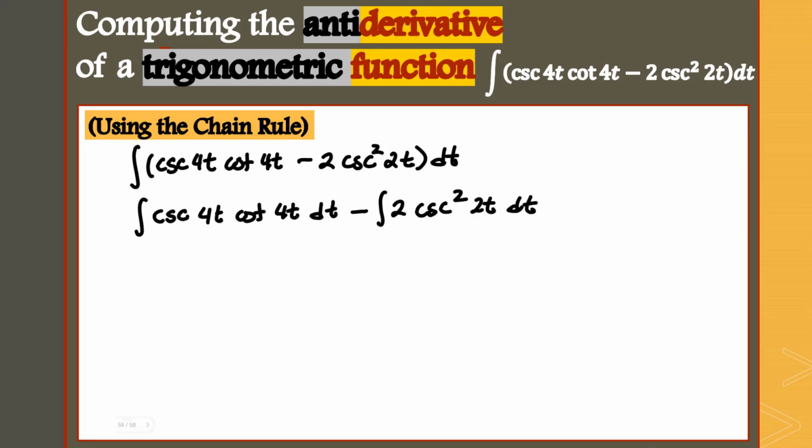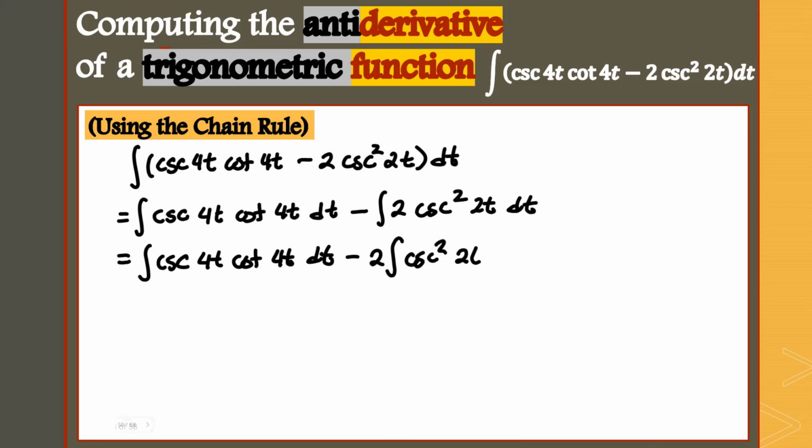So we have this form as we separate them. Similarly, you can also take out the factor of 2 on the second term. So you'll have here the integral of cosecant 4t times cotangent 4t dt minus 2 times the integral of cosecant squared of 2t dt. Okay, so we have two of them.